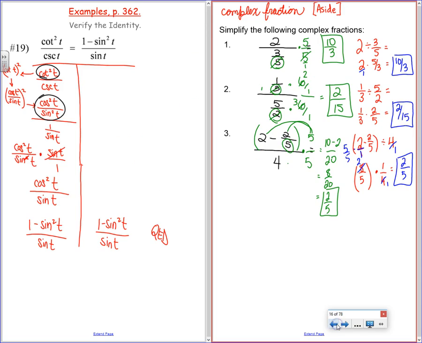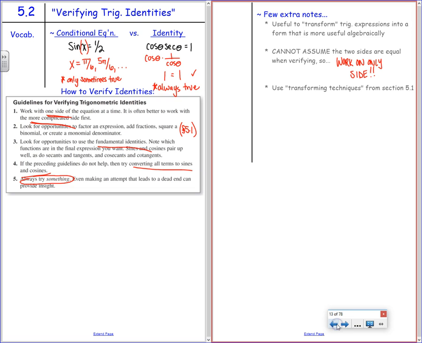We talked about how there are two different types of equations with trig. Which type were we using proofs to show why it's always true? Identities.